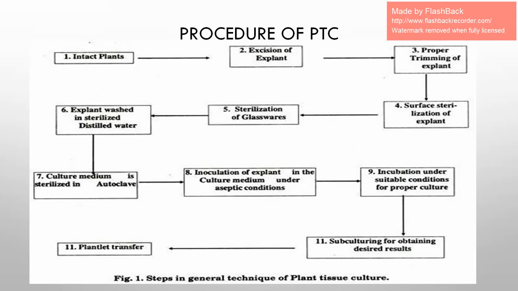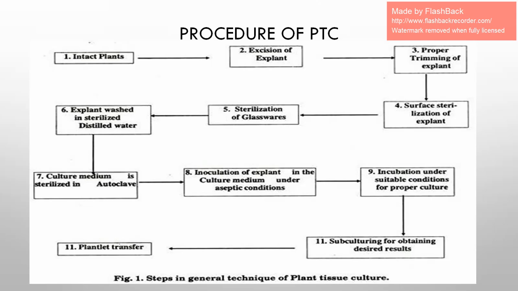We can use culture bottles or culture tubes for this purpose. Then after that, incubation under suitable conditions for proper culture is required. Incubation means allowing them to grow in suitable conditions. Which kind of suitable conditions do we require?